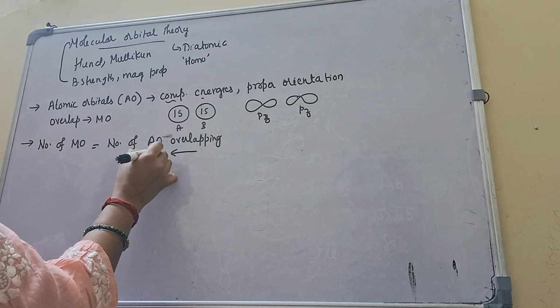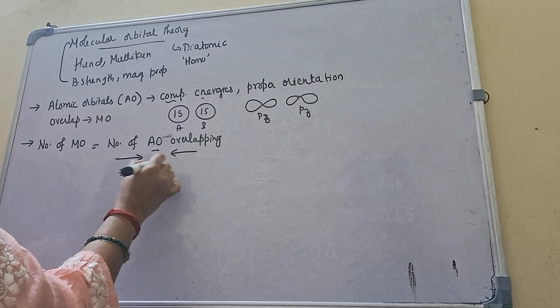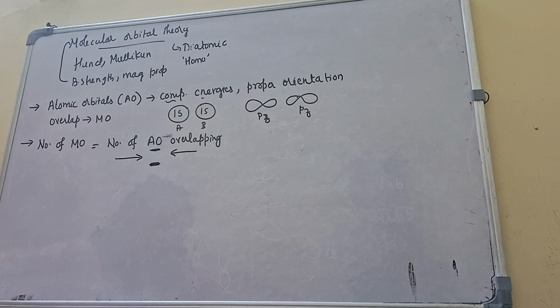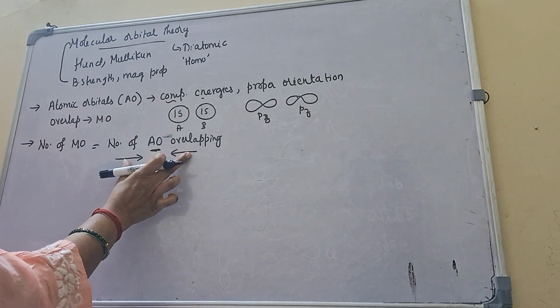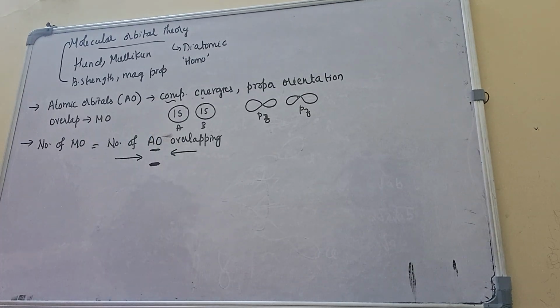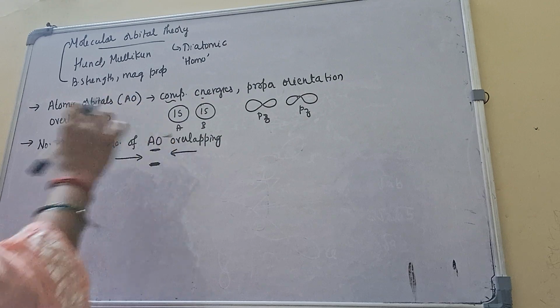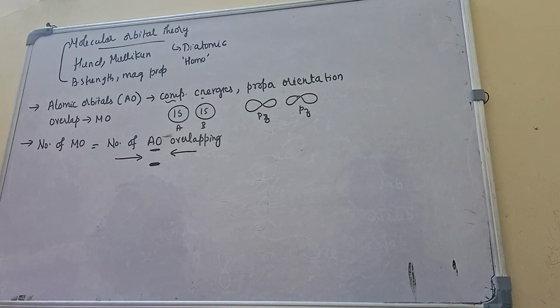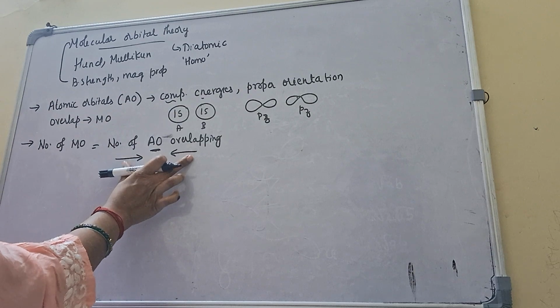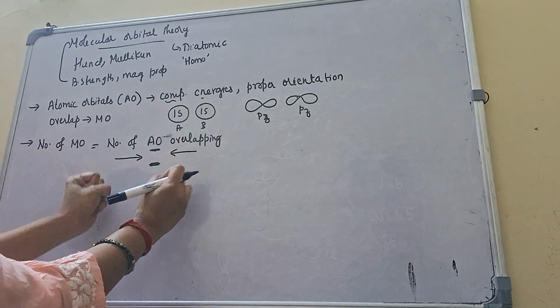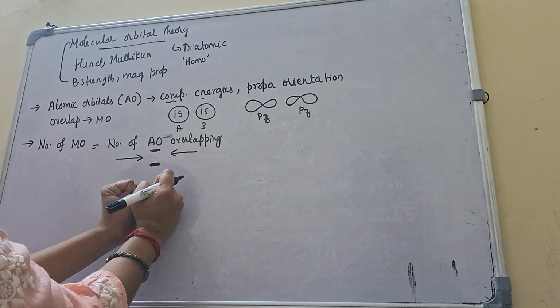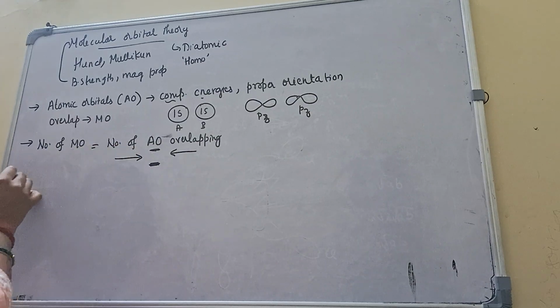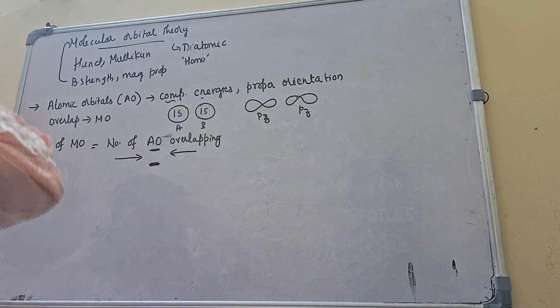Imagine they both meet and result in two things. If there are two atomic orbitals overlapping, you will get two molecular orbitals. If there are three, you will get three. If there are four, you will get four, but we are only studying diatomic. That means when two atomic orbitals of two different atoms come together, they give rise to two molecular orbitals.